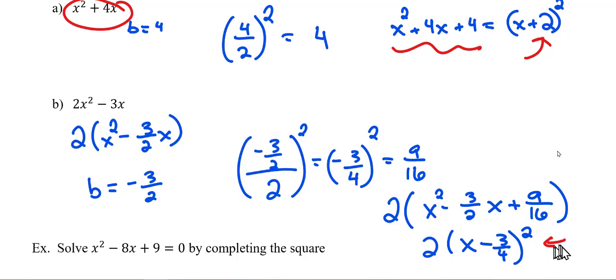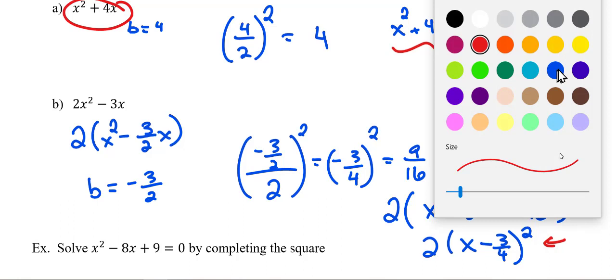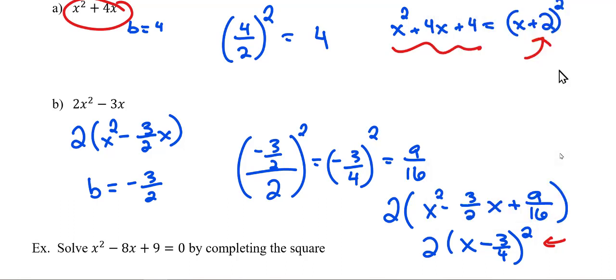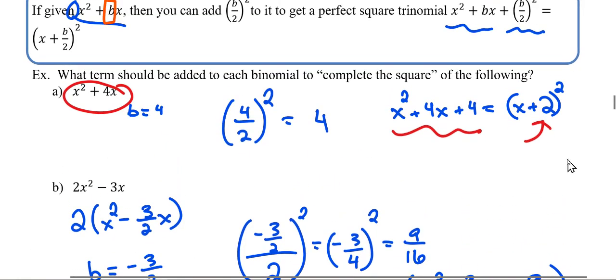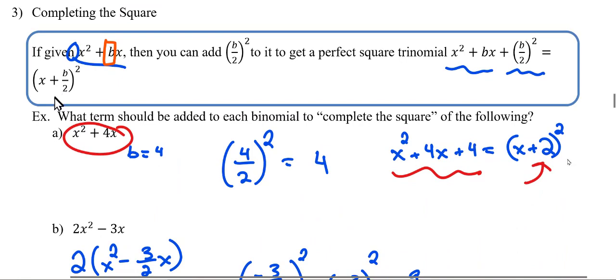What I do want to look at is where did I get this factored form, this x minus 3/4 quantity squared. Hopefully you can see that I brought the 2 down, and that's why that is staying there. But where did this minus 3/4 come from? Well, if you look back up here in our box, what's inside your square is the b over 2.